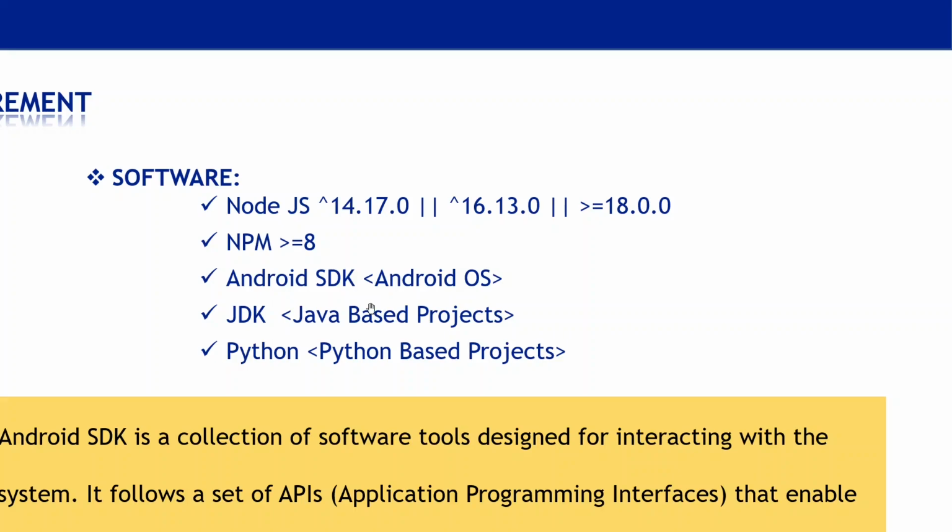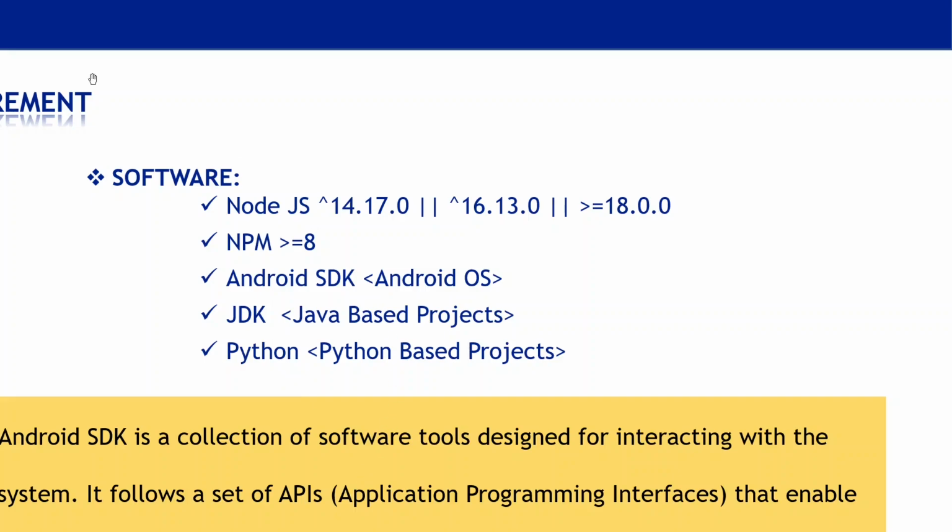Yes, it is possible to connect your physical device and play, which is the other way you can do it, and you can feel how the scripts run on the physical device. But in order to run your exercises and explore on the emulators, you must have the Android SDK. And if you're working on a Java based project, you should have a JDK environment, and if you're working on Python, you should be ready with the Python environment.